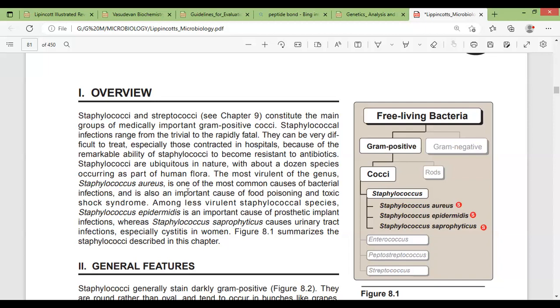So looking at its name, cocci means a round shape or a spherical shape. We know Staphylococci, number one, they are very resistant to antibiotics, right? We invented methicillin.